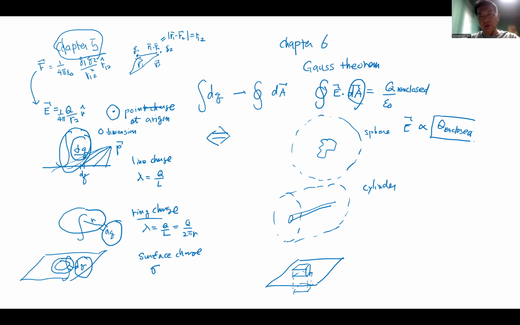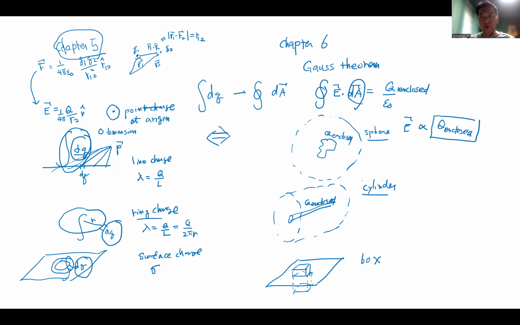For any distribution, the important thing is that you take the surface integral and find out what the charge enclosed is. So it's much more simple. You know what they are, and then you do the surface integral for the certain symmetry, either sphere or cylinder or a box. That's the way to tackle the problem.